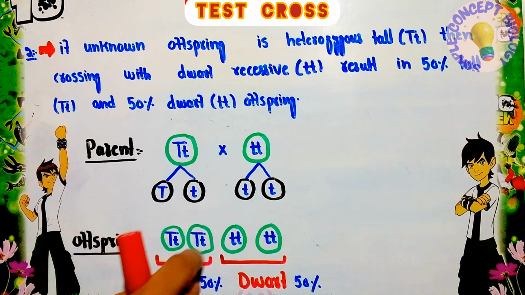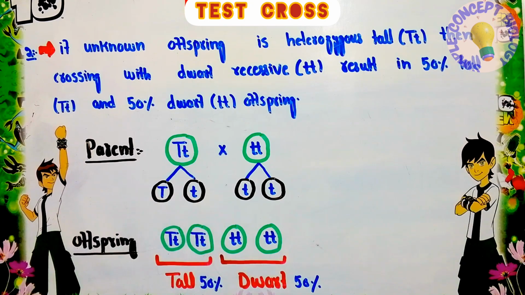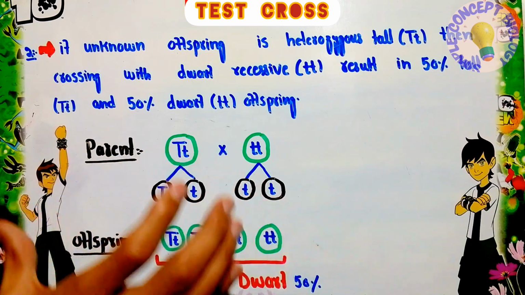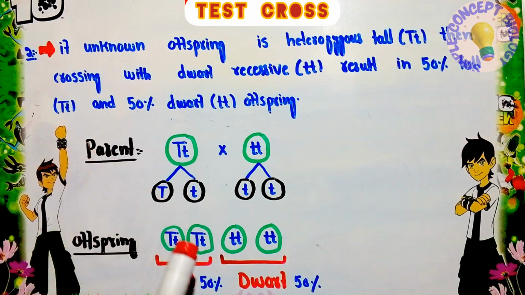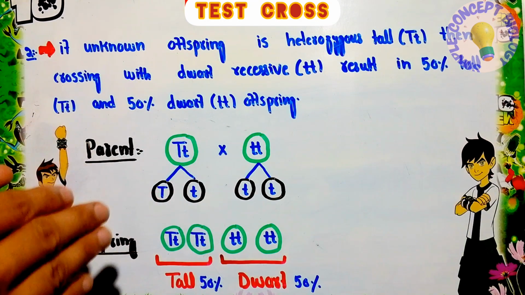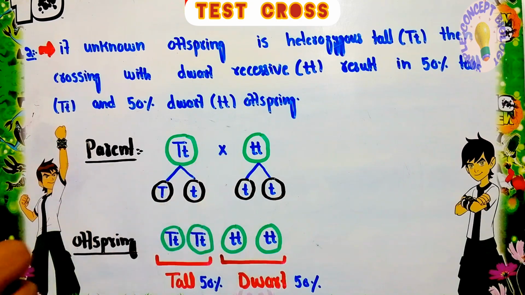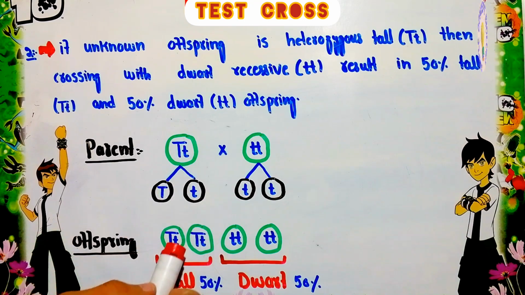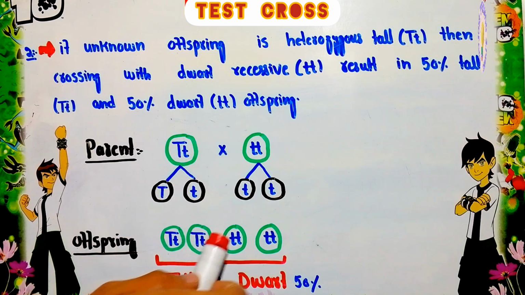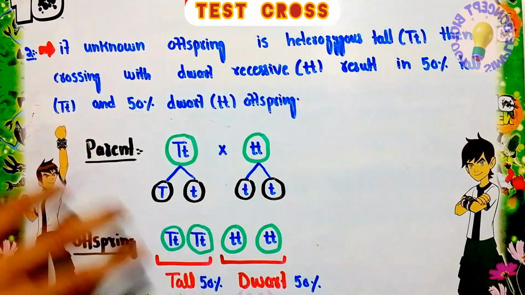Looking at the result of this cross, 50% of the offspring are phenotypically tall and 50% are phenotypically dwarf. The genotypes are capital T small t, capital T small t, and small t small t, small t small t. This is the result we get from this cross.